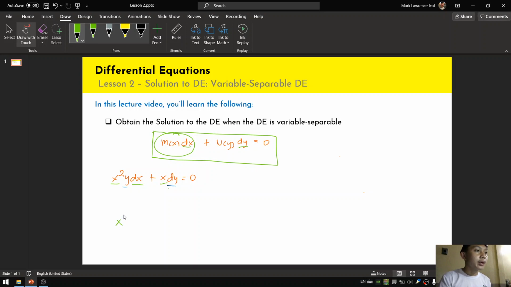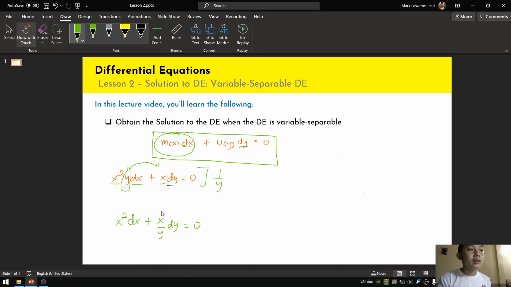So x squared. The thing that does not belong here is y. So all you need to do is to put it somewhere else. Now the question is how. Simply divide both sides by y, so that will cancel out y here. So it's going to be x squared dx plus x over y dy is equal to 0.